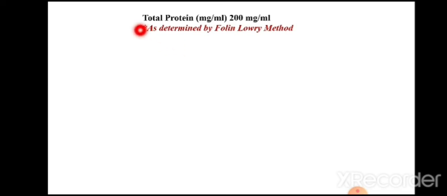So for that, we will process the original sample to determine total protein content in milligrams per ml. This part might have been described earlier in another practical, that protein content we can determine by the Folin-Lowry method. You can go back and check the Folin-Lowry method protocol, and using this method, the protein content of that crude preparation is 200 milligrams per ml.